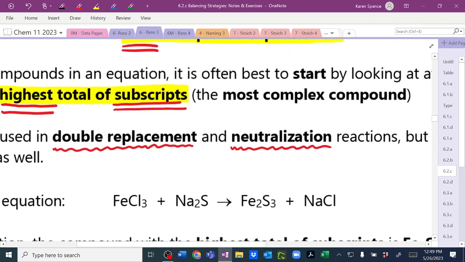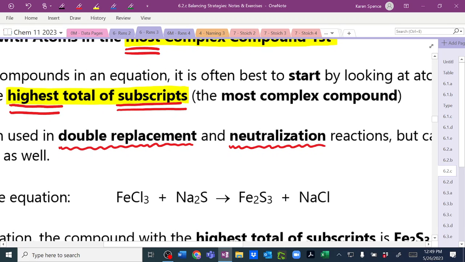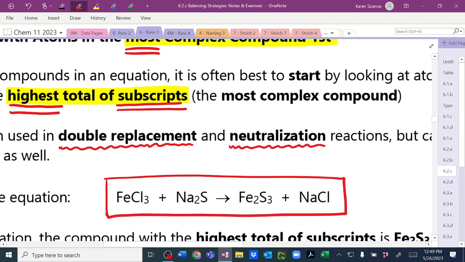So let's look at this reaction that we have here. What type of reaction is this? That is double replacement. We have compound plus compound gives compound plus compound. Out of those 4 substances, who is the most complex? Who has the highest total number of subscripts?